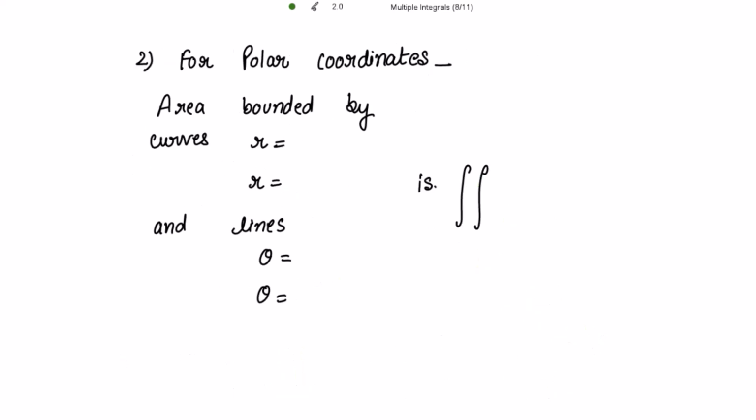And now for the polar coordinates, the area bounded by the curves r equal to f1(theta) and f2(theta), and the lines theta equal to alpha and beta.